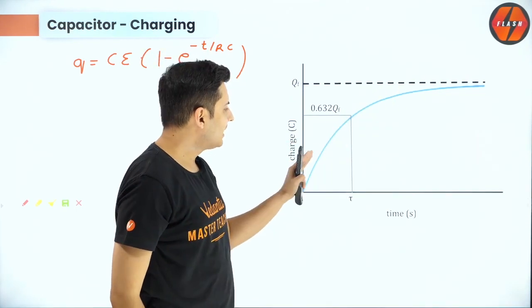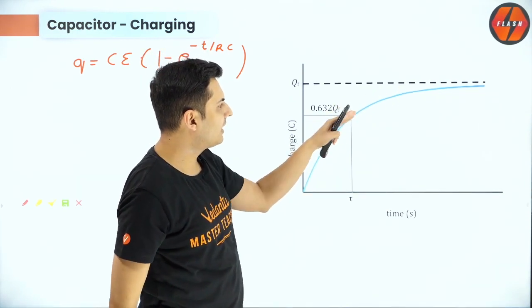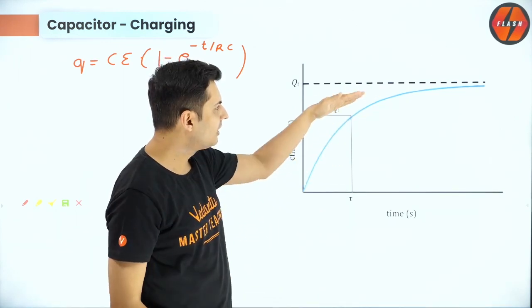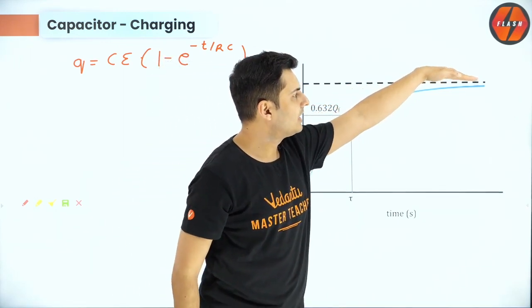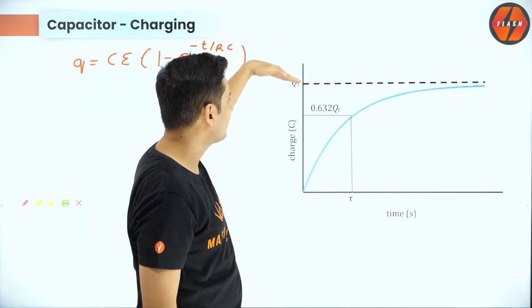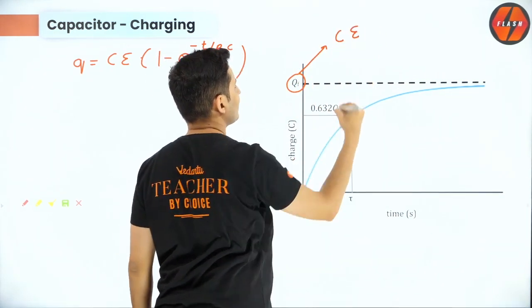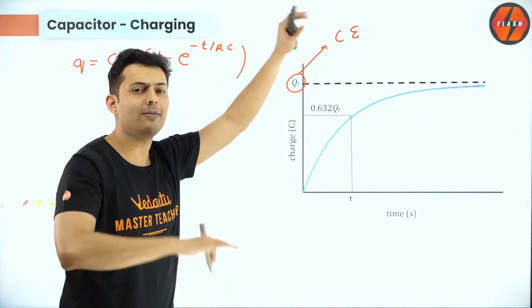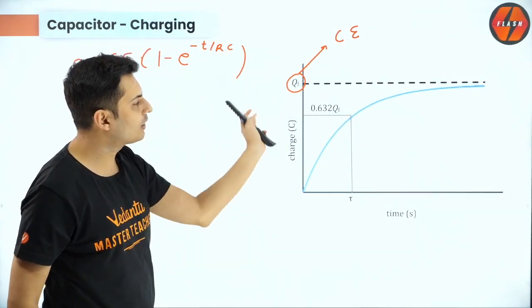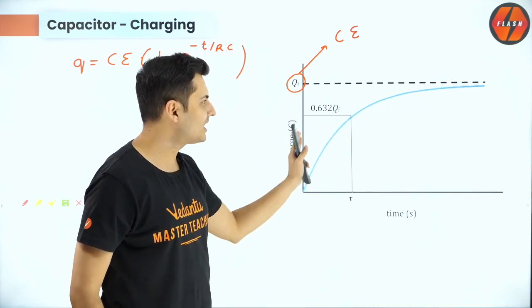You can see it increases, but the rate at which it is increasing slowly comes down, and eventually it stabilizes after some time. This QF is your final charge CE, guys. This is your final charge, eventual steady state charge after a long time. I hope you understand that.